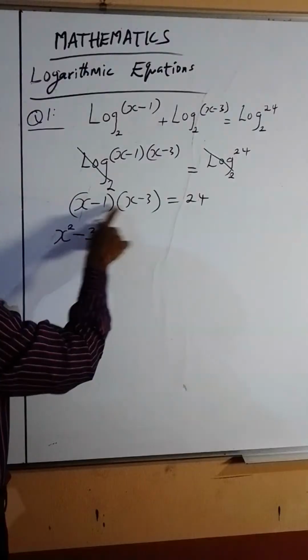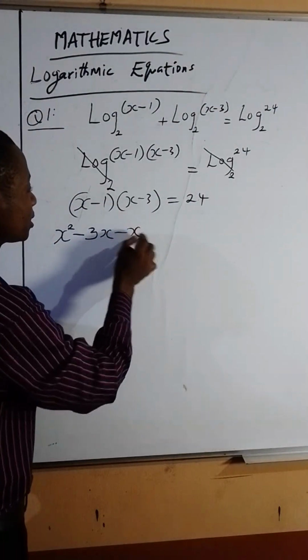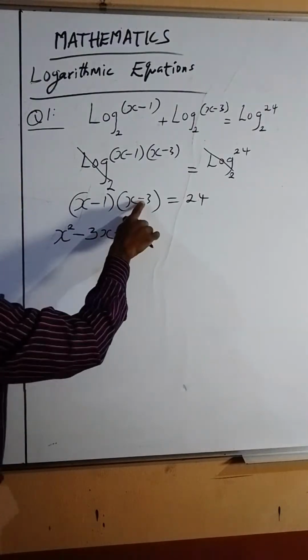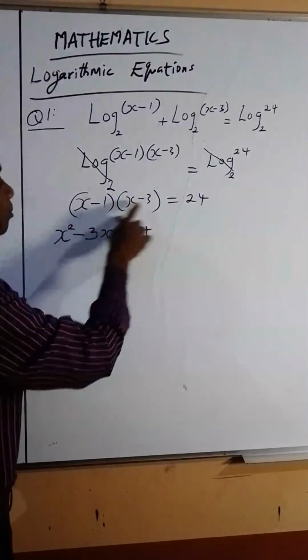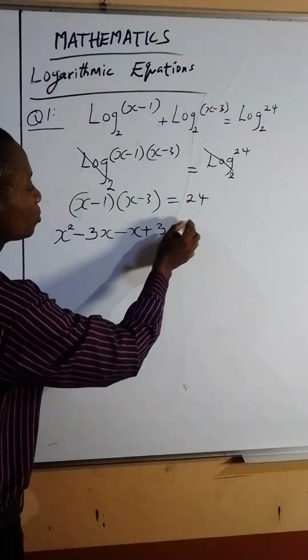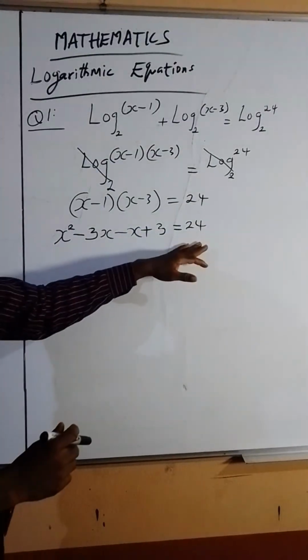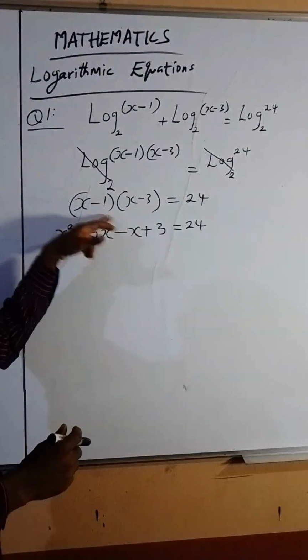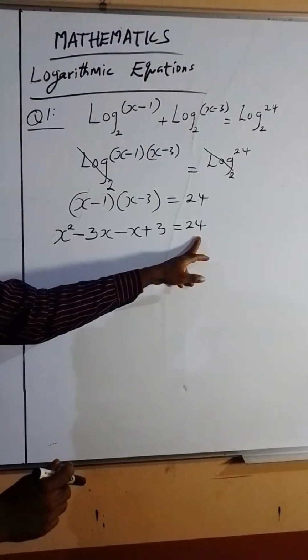Then minus 1 times x is minus x. Then minus times minus is plus, and 1 times 3 is 3. And this is equal to 24. So when we expand this, we arrive at this, then we equate it to 24 right here.